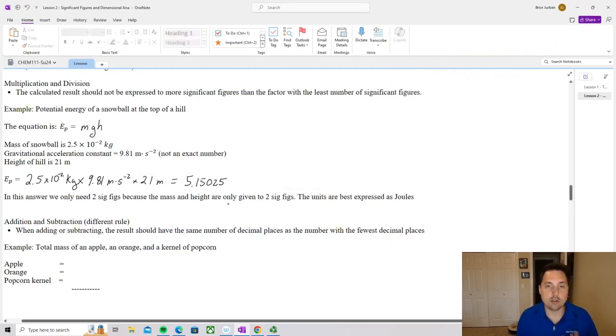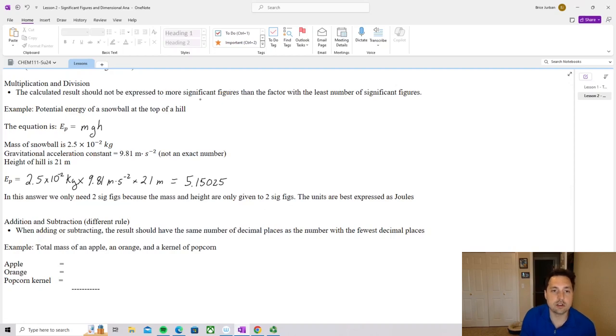We shouldn't write down all those values because that would be too many significant figures. It should be expressed to the factor with the least number. Well, we were multiplying 3 numbers. The mass and the height are also both reported to 2 sig figs.